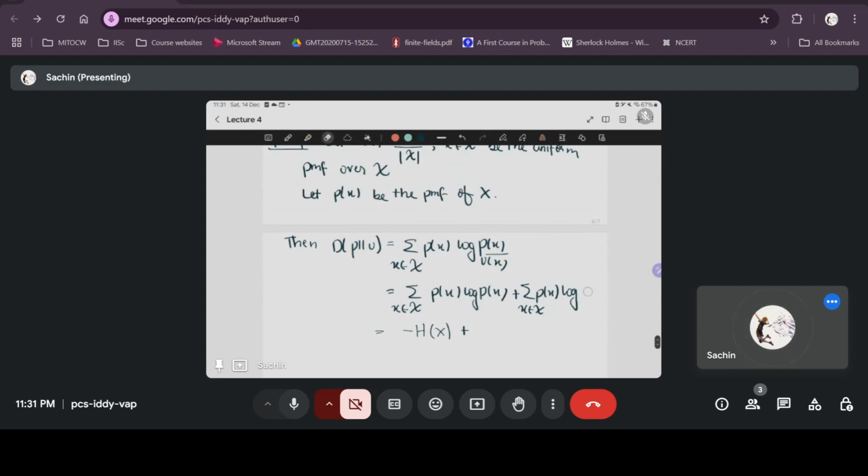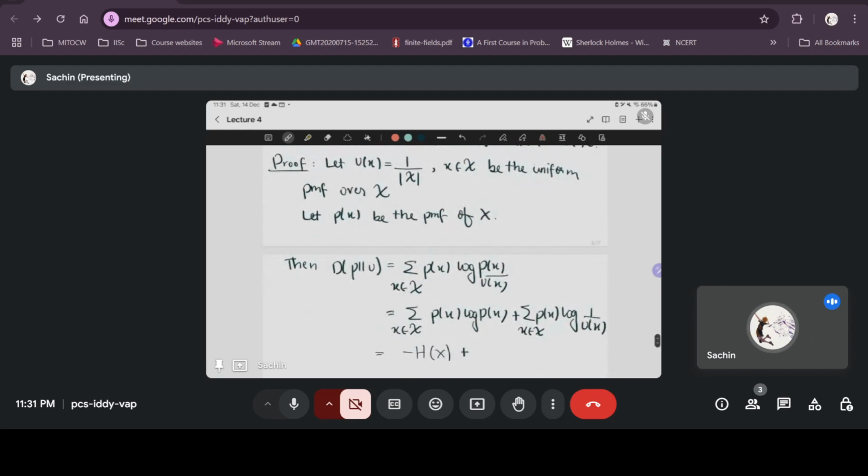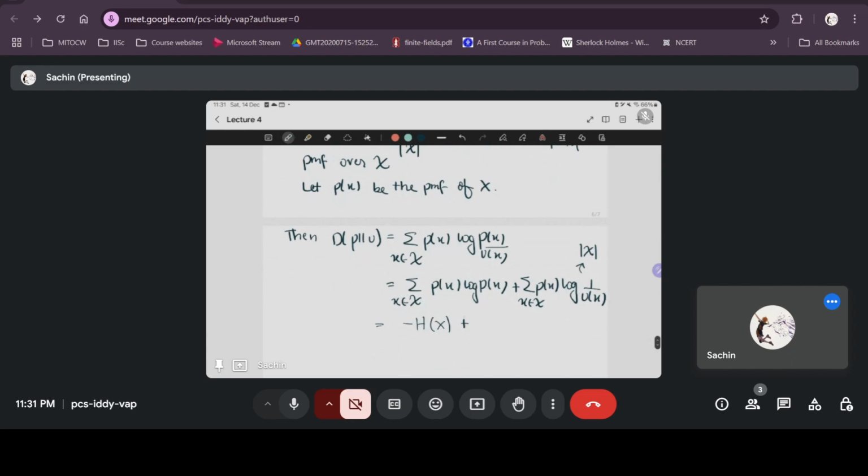Sorry, I think this should be log of 1 over u of x with the positive sign. So 1 over u of x is nothing but cardinality of x, and that is a constant quantity.